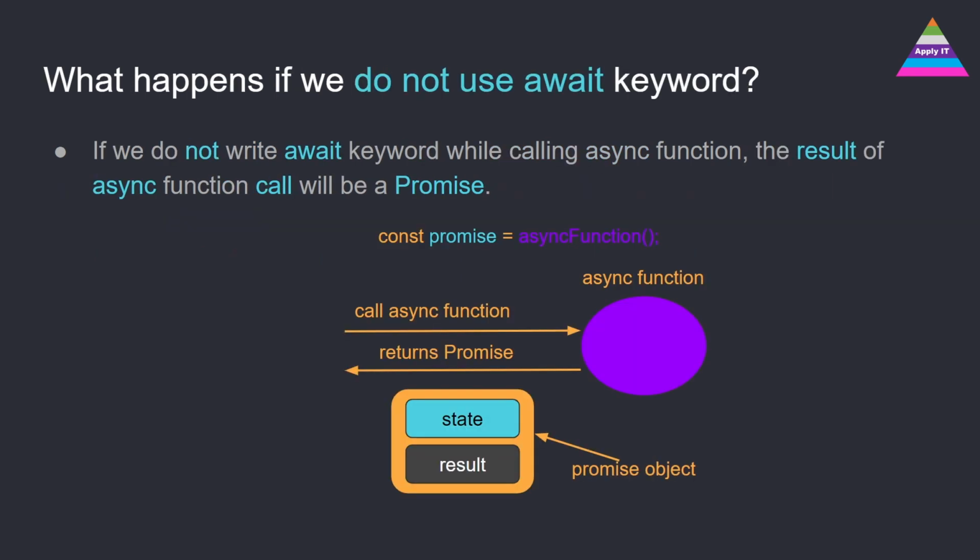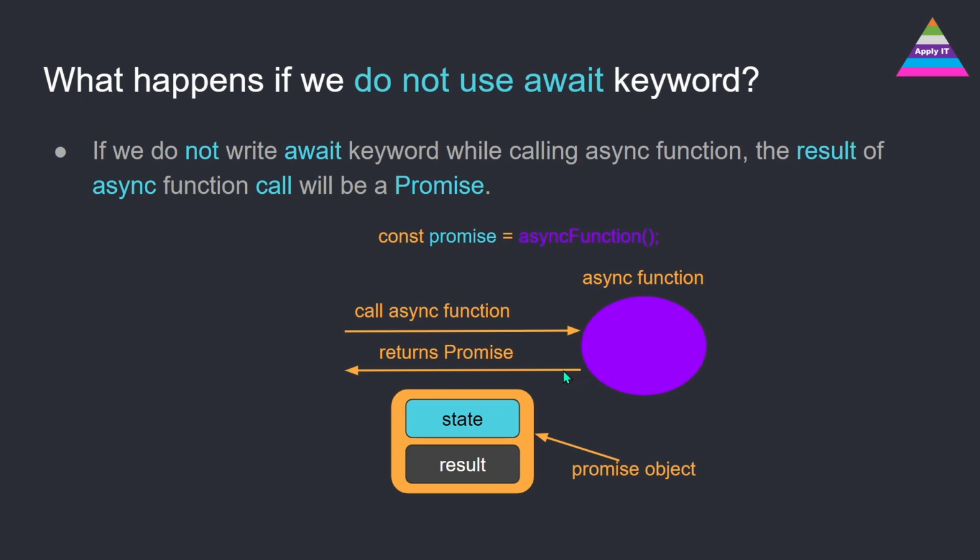Now let's understand what happens if we do not use the await keyword. Here I've taken an example where I'm calling an async function, and that async function is returning some result. Here I have not used the await keyword. So when we do this, this async function is going to return a promise object. That is shown in this diagram. This is an async function. We call that async function.